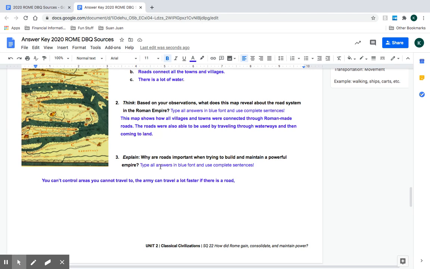So if I have the Roman army and I need to get across to the other side of my empire, I need to have a road for them to walk on. Otherwise, they have to end up wasting a lot of time, climbing across a mountain and going through a lot of forest and stuff like that. But if I have a road, I can just kind of go.